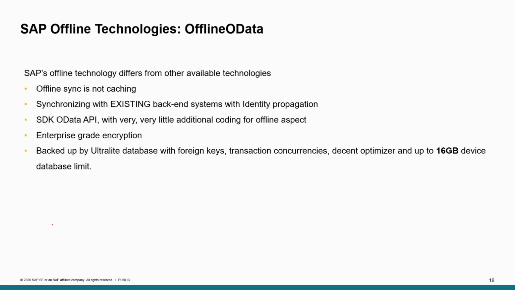So let's take a look at the offline OData, the SAP's offline technology. The SAP offline OData is different from other available offline technologies. It has these aspects. First, it's based on a sync mechanism. The sync is fundamentally different from cache.